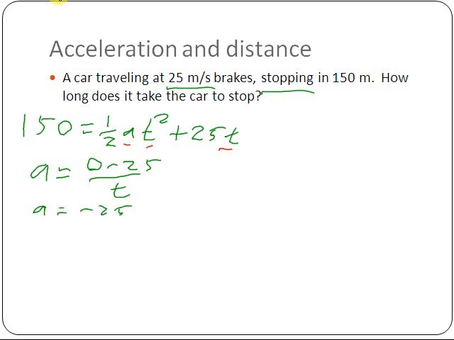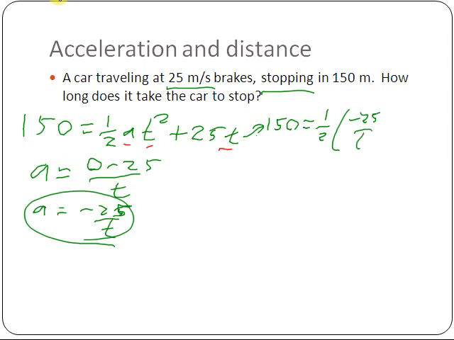For this one, we've got that the acceleration is equal to negative 25 over t. Since that's the case, we can plug that into our original equation. So 150 is equal to 1/2 times our acceleration, which we just found, negative 25 over t, times t squared, plus 25t.